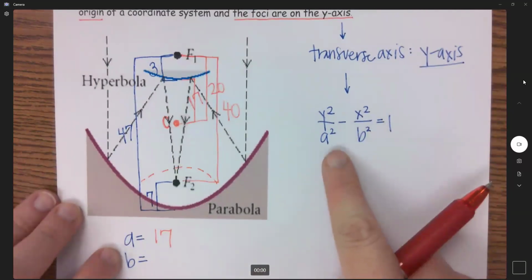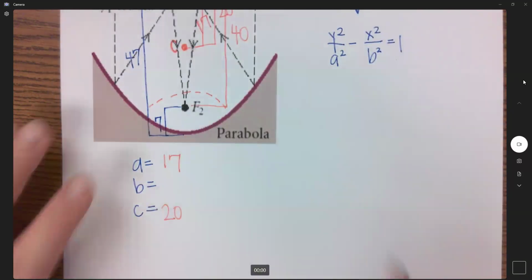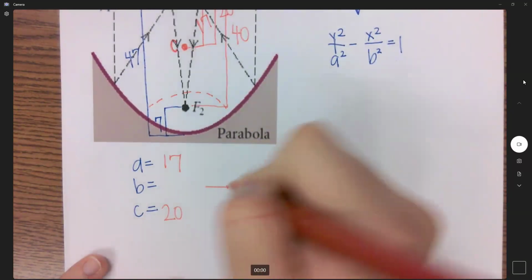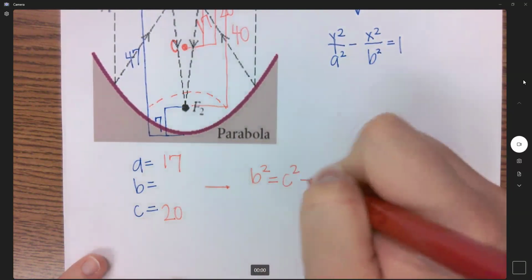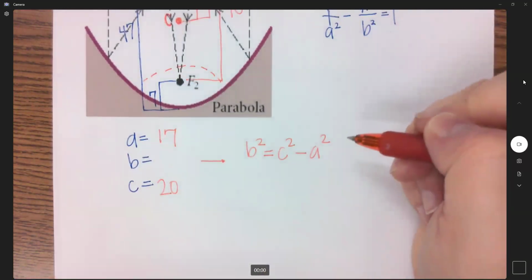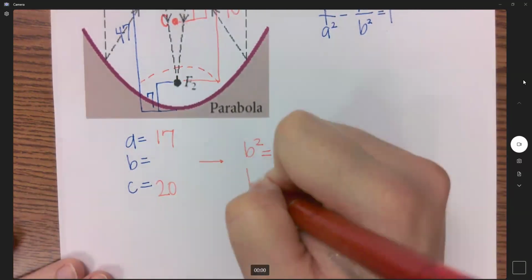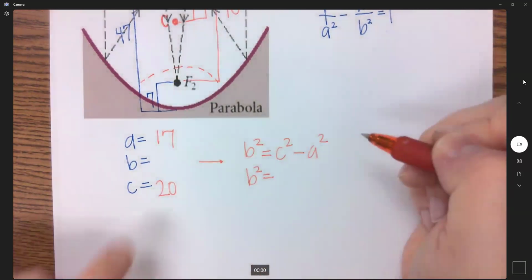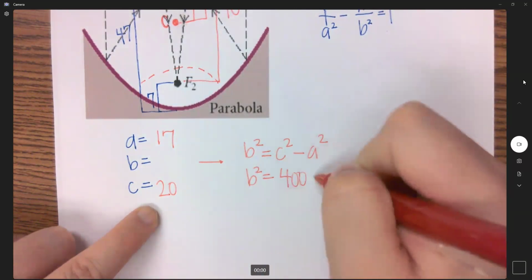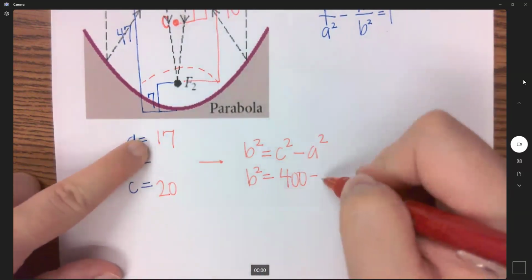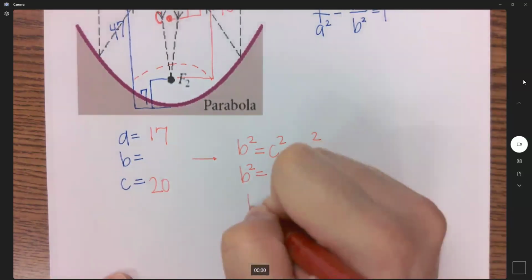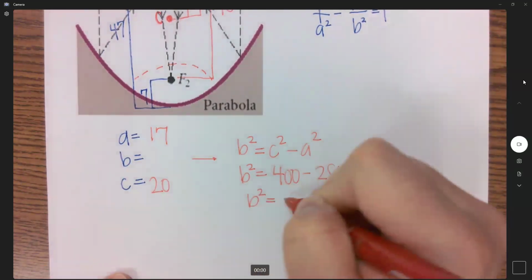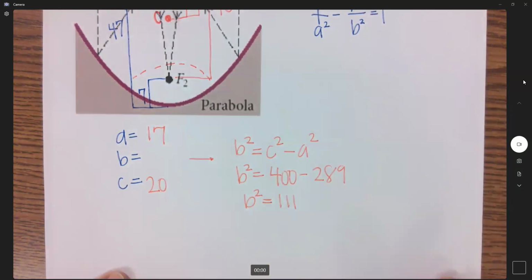So now we have A to plug in. We need to find B, and we will do that by using B squared equals C squared minus A squared. So B squared equals C squared, which is 400, minus A squared, which is 289. Subtract, and we get B squared equals 111.